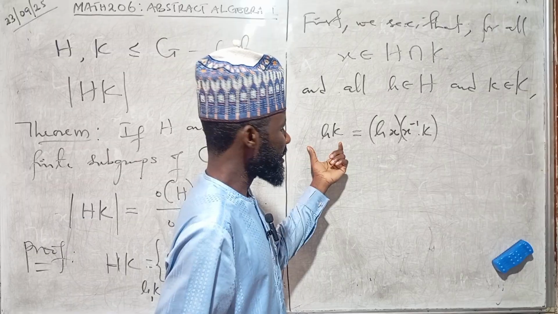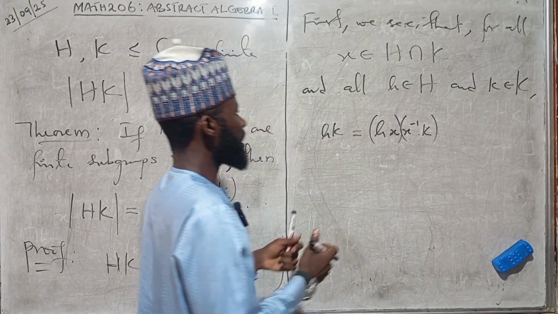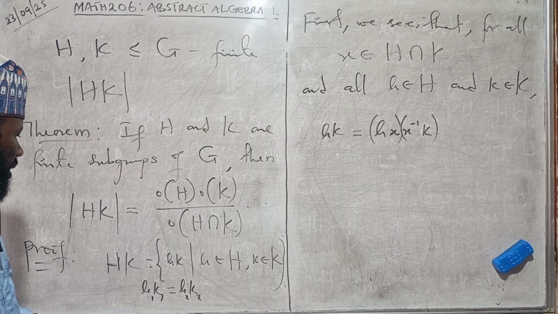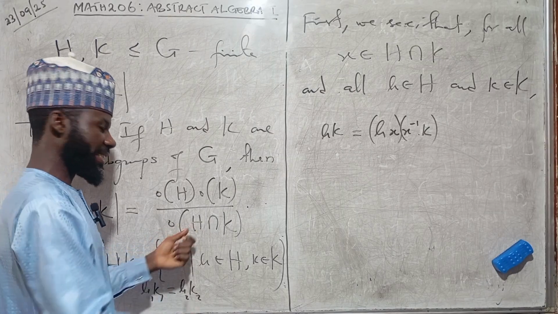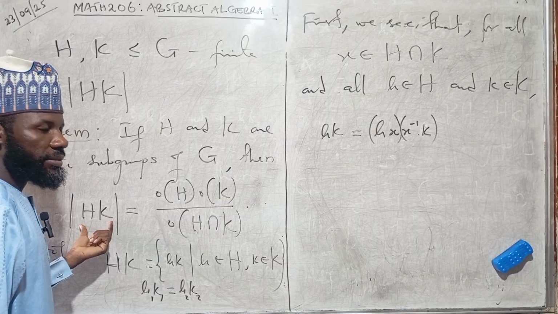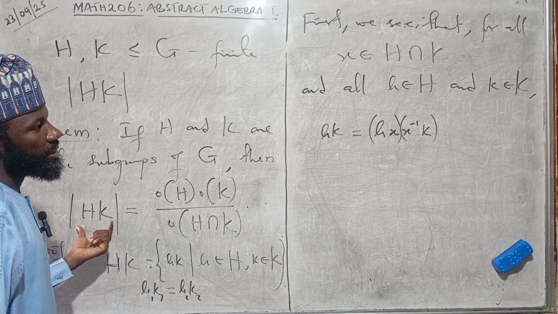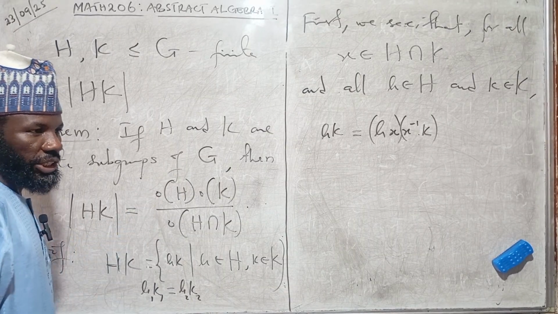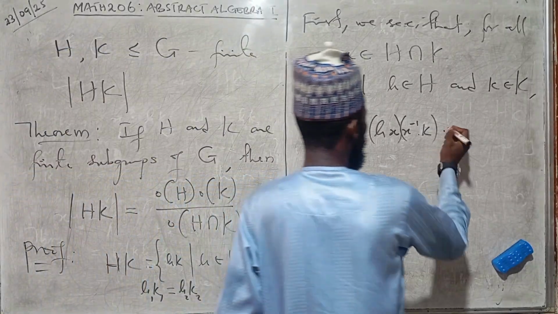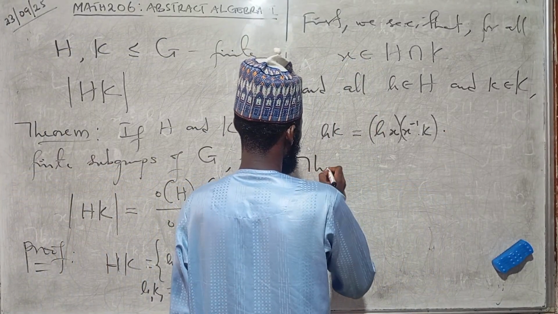Are you following? So the number of duplicates involved in this product is at least the number of points in the intersection.